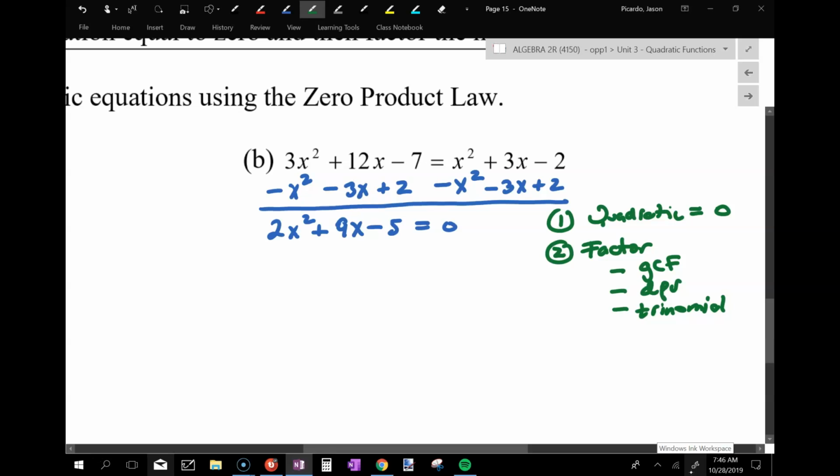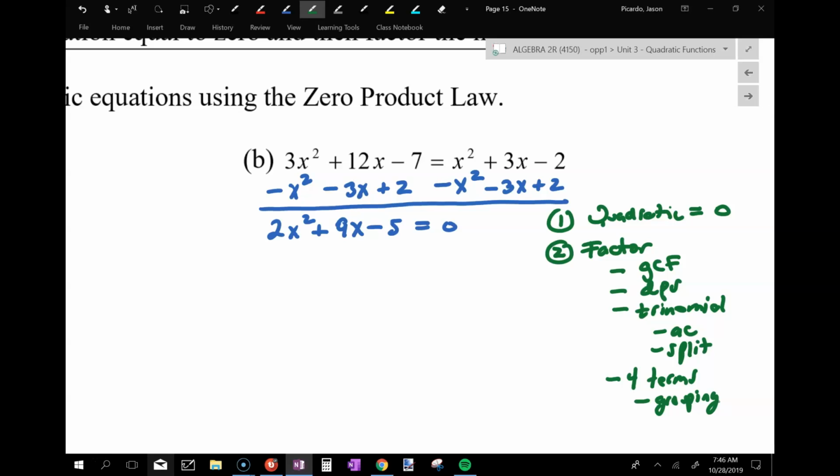Well, we can either just factor it, or we can use an AC method, or we can use a split the middle method now, if we want. And if it's 4 terms, then maybe we can do a grouping problem, right? So again, guys, this is sort of like your playbook in a sense, right?